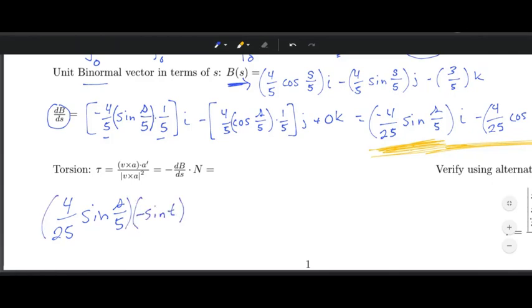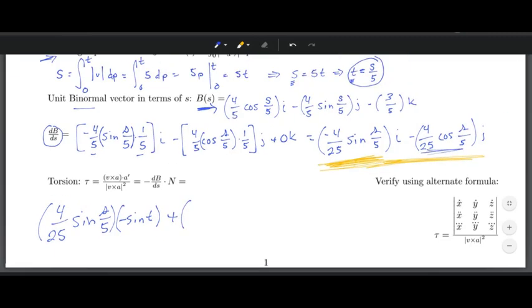Now I am going to adjust for this because I can't have two different variables like this, s and t. So I'll adjust for that in just a moment. So plus the negative of this component right over here. So that's going to be positive 4/25 cosine of s over 5, excuse me, times the J component from n, which was negative cosine t.